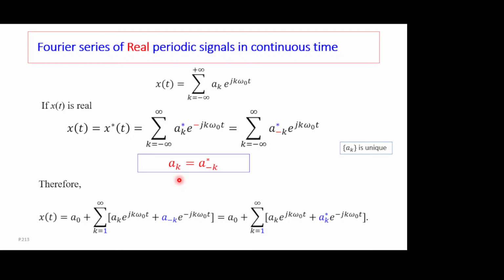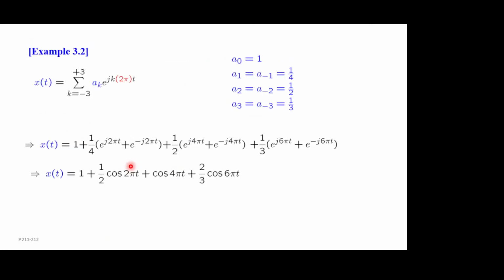This is worth remembering, and it's also a nice way to sanity check your calculation. If you have some real signal and you calculate its a_k, you can check that this relation is satisfied. Let's check it with our example 3.2 quickly.